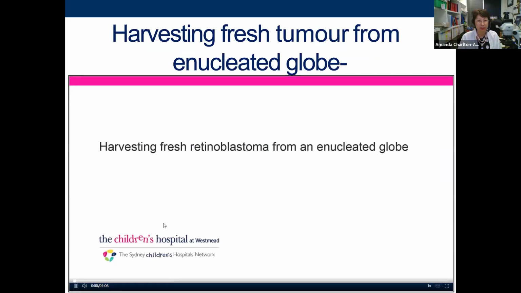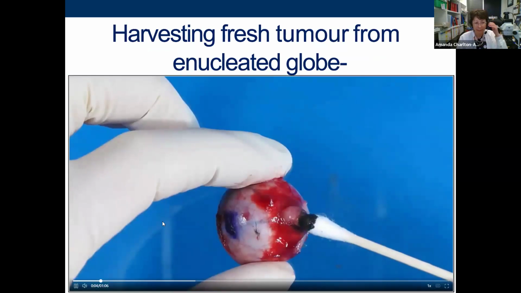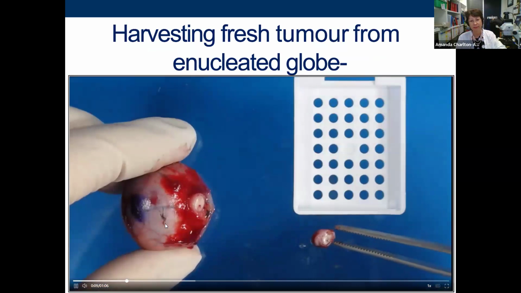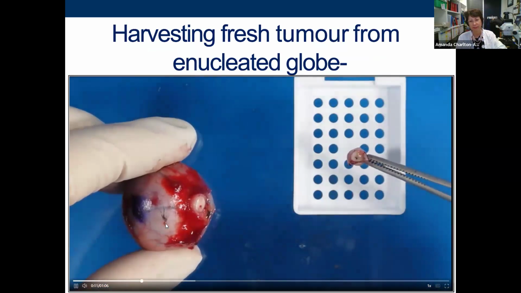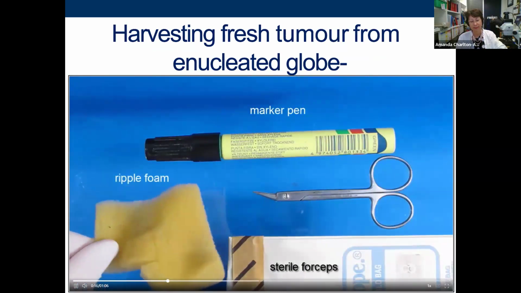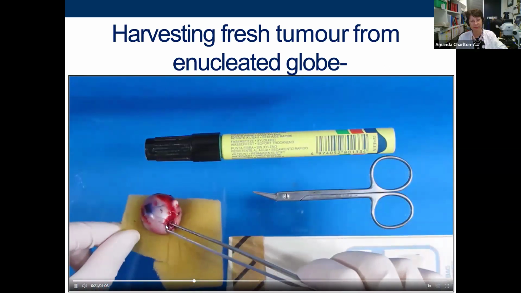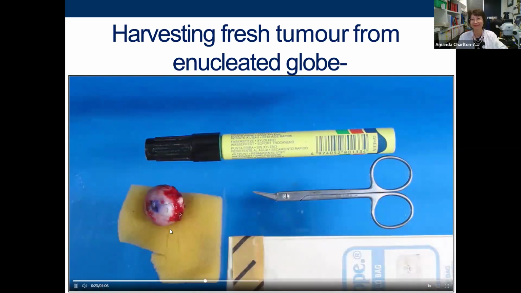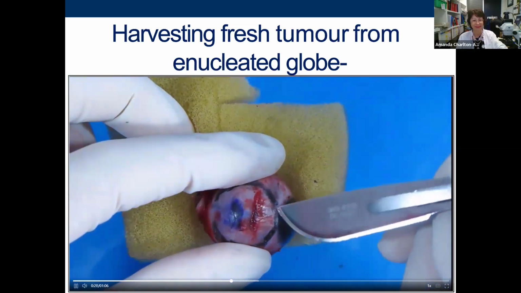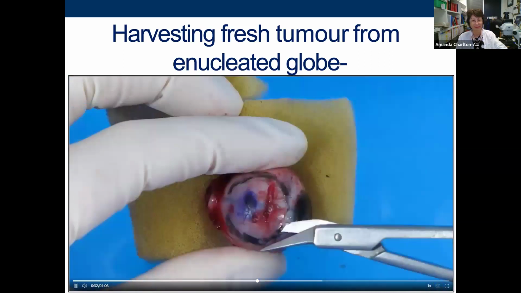Harvesting fresh retinoblastoma from an enucleated globe. Ink the optic nerve margin before taking the section. You'll need a marker pen and sterile forceps. I find ripple foam is very useful for holding the globe steady to stop it rolling away. The superior calotte is indicated with a black marker and is incised with the tip of a scalpel blade.